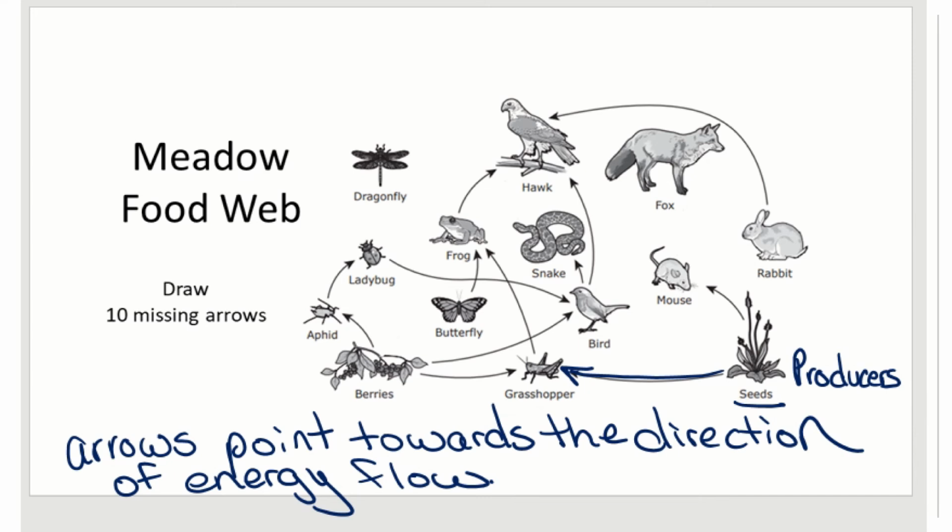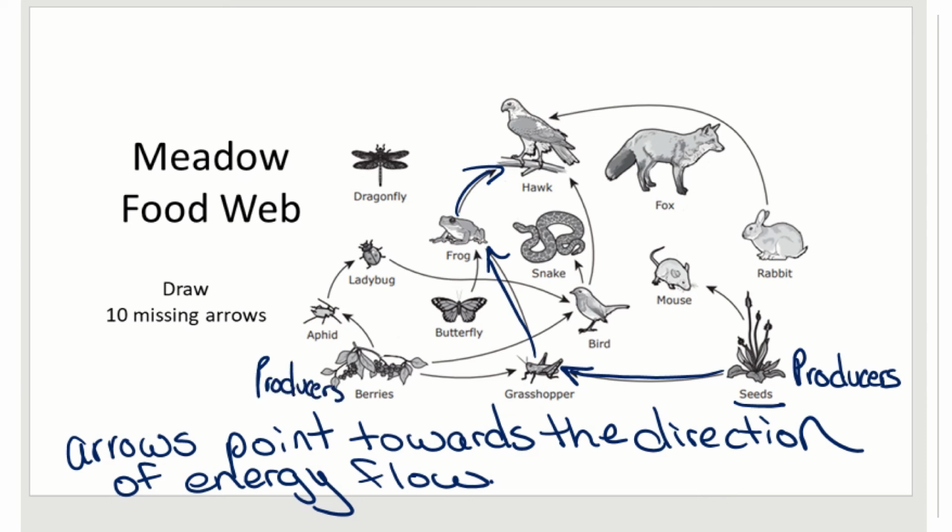Okay, then we have the grasshopper that is getting eaten by the frog, which is then getting eaten by the hawk. Now, as you see, you can follow those arrows in that direction. Now, there are 10 missing arrows, so let's try to figure out which ones are missing. Now, we have another producer over here, which are the berries.